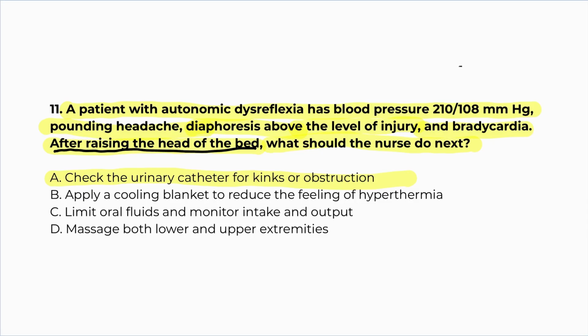After that, what's the next step? The correct answer is letter A, because a kinked or obstructed urinary catheter is actually the common cause of autonomic dysreflexia. So that's the next thing you need to do.